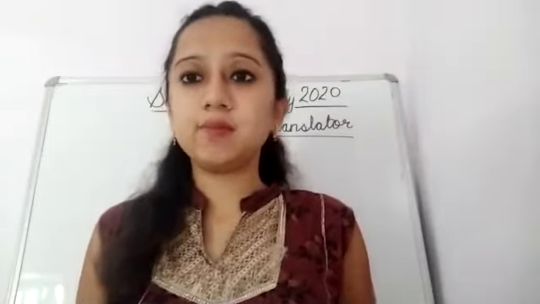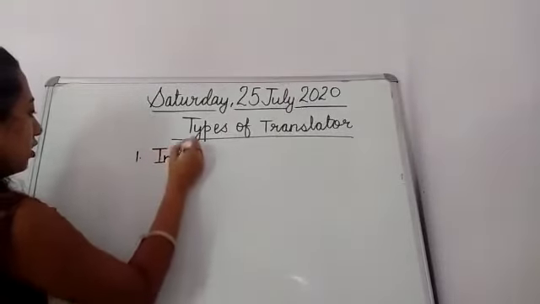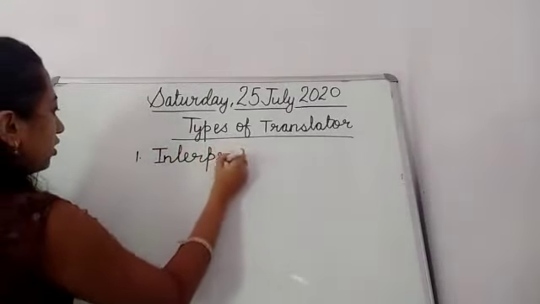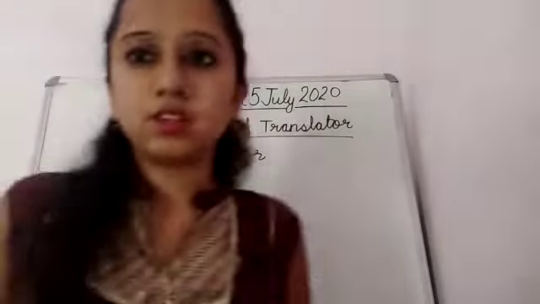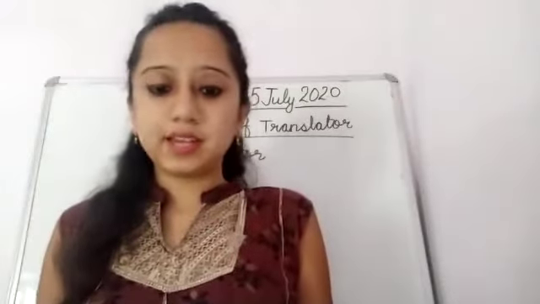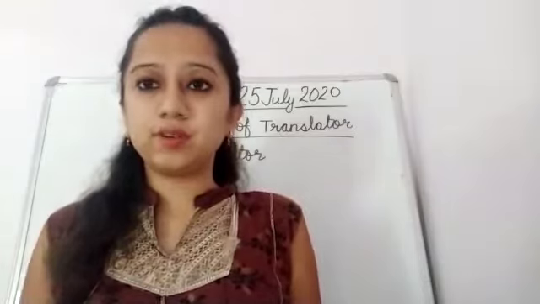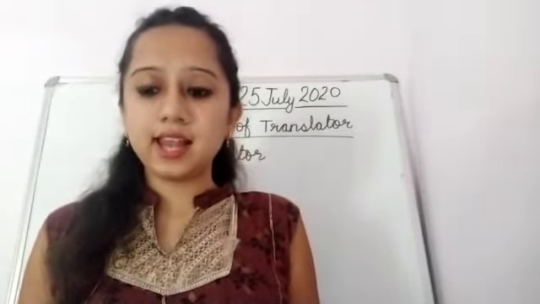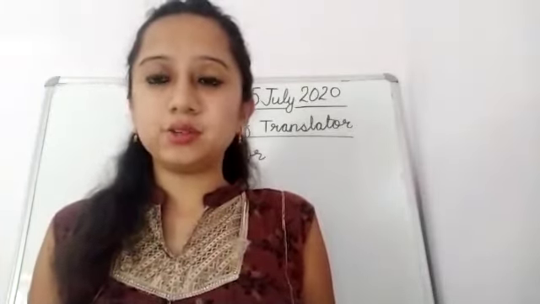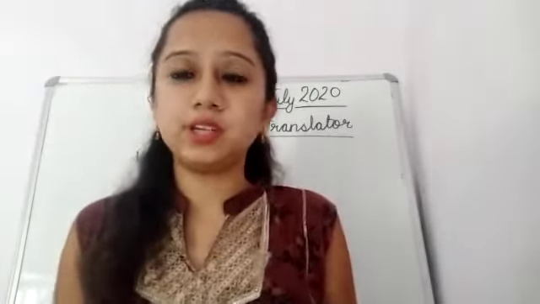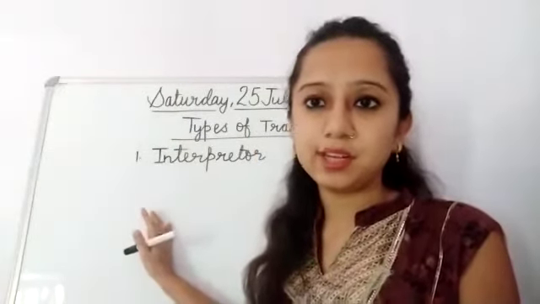First is your interpreter. Interpreter, this translates each statement of the code of the program written in high-level language into intermediate code and executes it individually. So what is the role of interpreter, or you can say what is the function of interpreter?